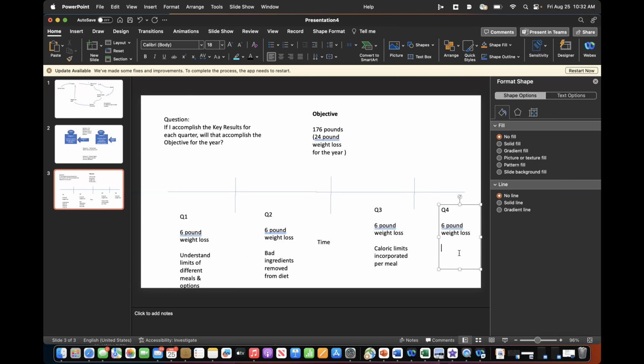If 4 quarters equals a year, and the objective is a year-long objective, then basically the objective can be decomposed into these four pieces. And these four pieces, if I sum them together, should equal the objective. There should be an equality there. But again, you've got to actually do the analysis to make sure that it is equal, right?